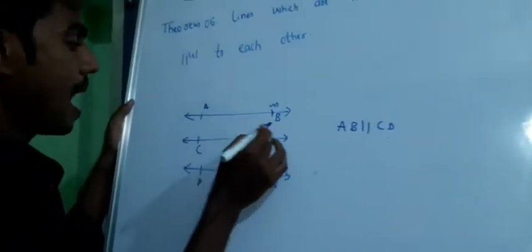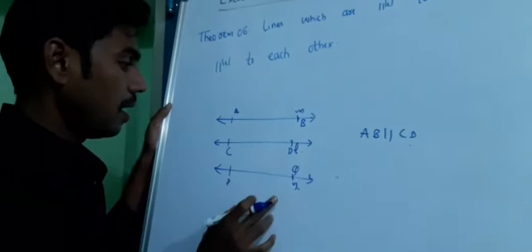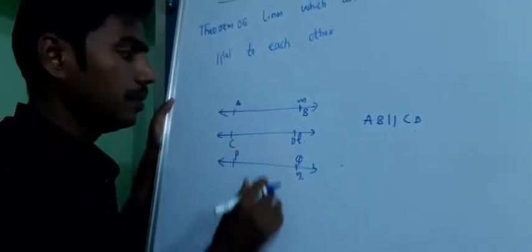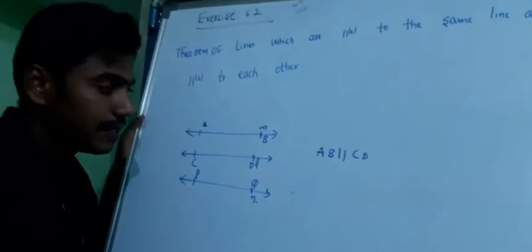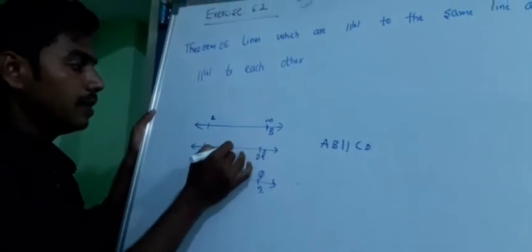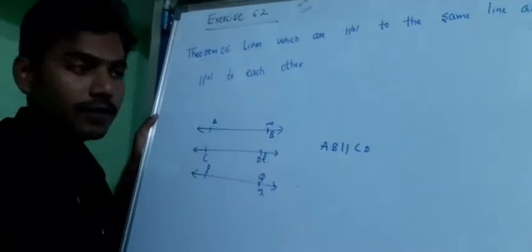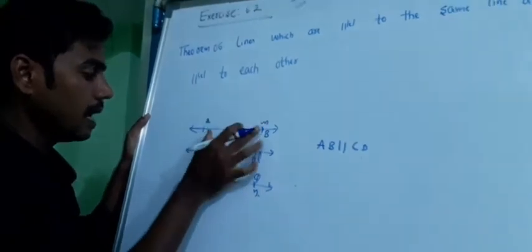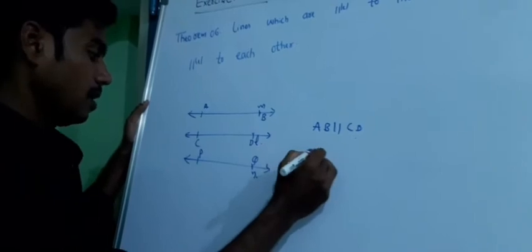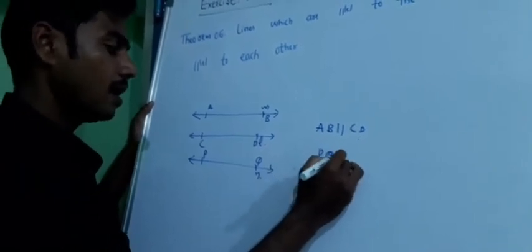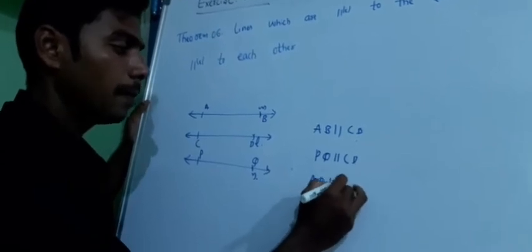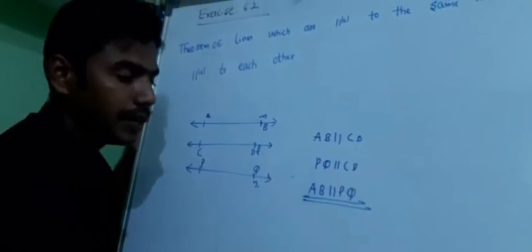It is parallel to AB and the same CD is parallel to PQ. Now, what does the theorem state? If two lines are parallel to the same line, then the two lines are parallel to each other. Here in this case, AB is parallel to CD and PQ is parallel to CD. Then AB is parallel to PQ. This is the meaning of this particular thing.